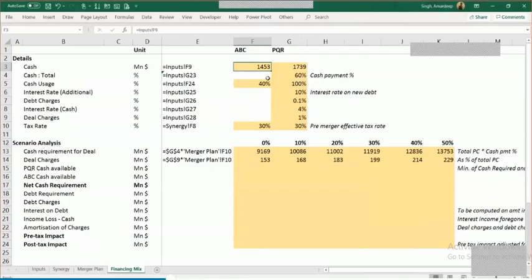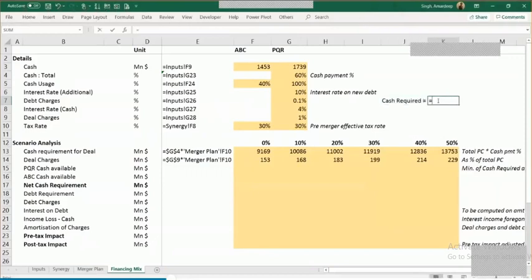And there could also be possibility that apart from PQR, this company is also considering purchase of some other entity XYZ. And for that, I need some more cash. So you may decide that for this deal, I'm going to use only 40% of this for the cash payment. So what is the amount of cash I need? Cash required is basically, if I just put that formula here, the cash required is this much, 9322.